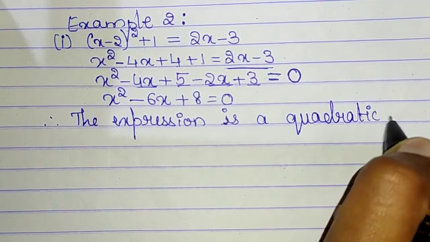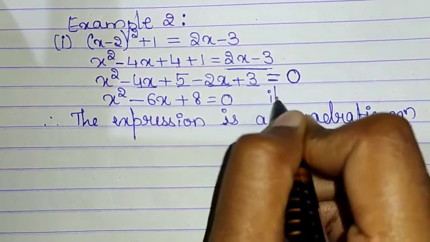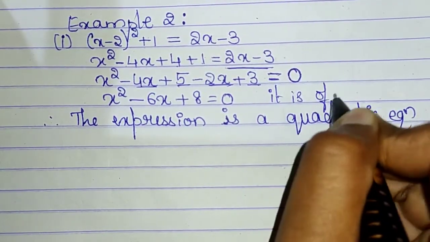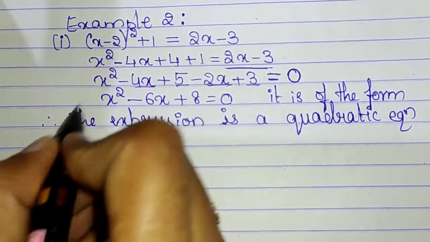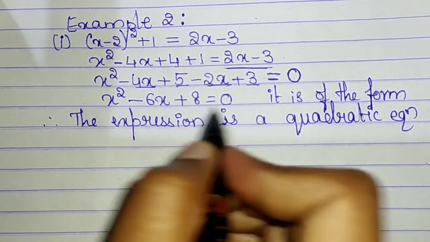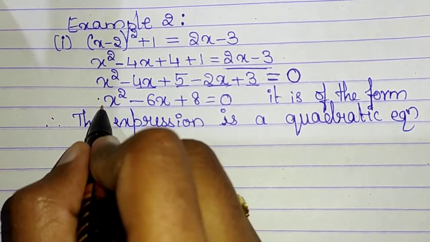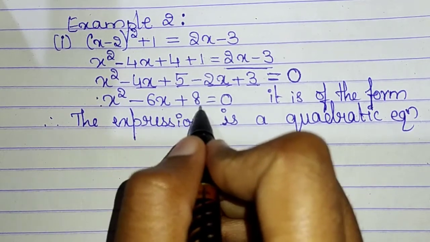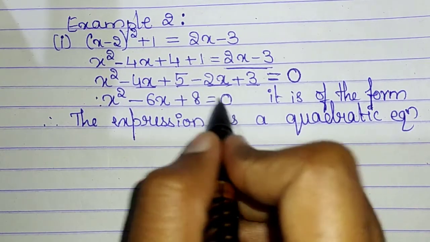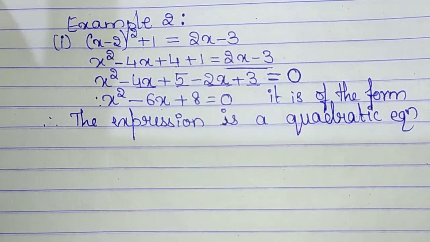It is a quadratic equation because it is of the form ax square plus bx plus c is equal to 0. Here a is 1, x square, b is minus 6, x plus c is equal to 0. So this equation is a quadratic equation.